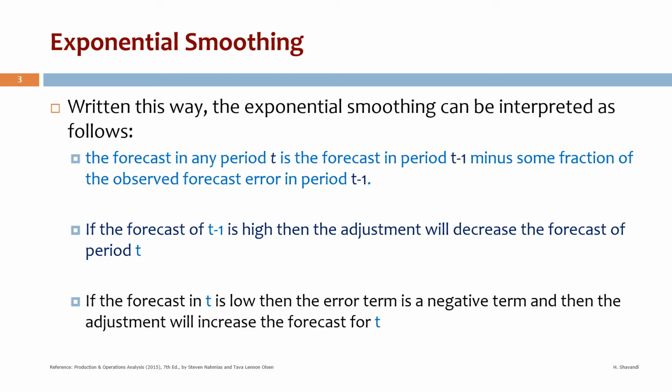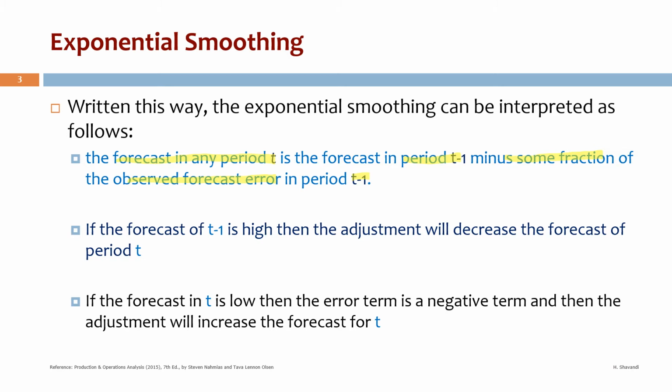So exponential smoothing can be interpreted like this: the forecast in any period t is the forecast of the previous period t minus 1 minus some fraction of the observed forecast error in period t minus 1. For example, if the forecast of t minus 1, the previous period, is too high, then we are going to decrease it to be adjusted for the forecast for the next period.